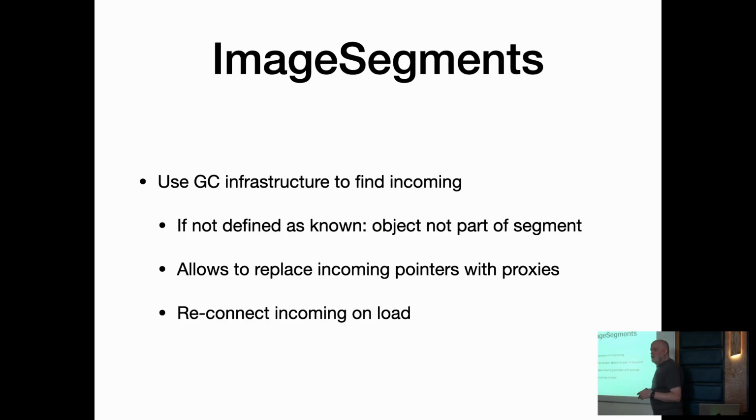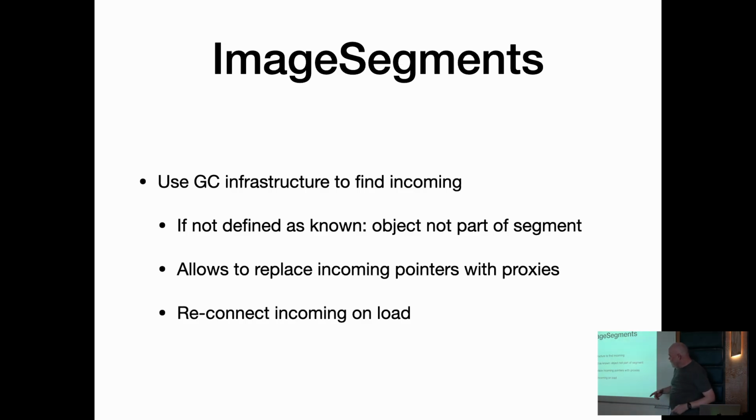Which of course means many things. So one thing is that I can actually define incoming pointers as known, so I can declare them, and that means that it actually knows that there's an incoming pointer, and it will replace that incoming pointer by a proxy, so that when you load back the image segments you can reconnect, which is kind of nice.